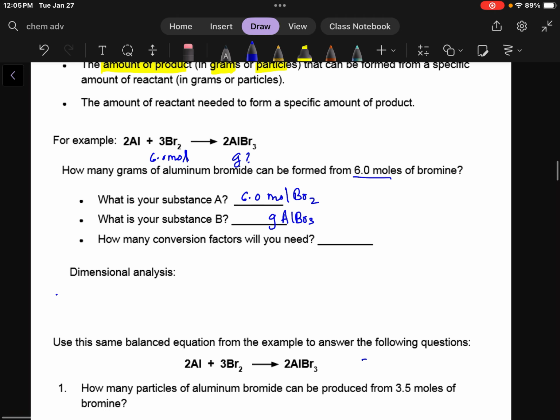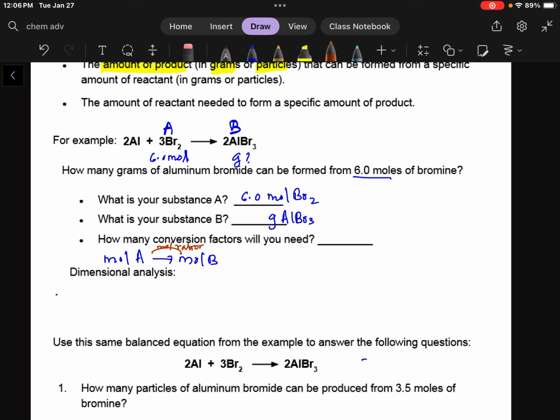How many conversion factors do you need? This is moles of A, and you are going to find grams of B. So you will convert moles of A into moles of B using the mole ratio, which you will get from the balanced equation.